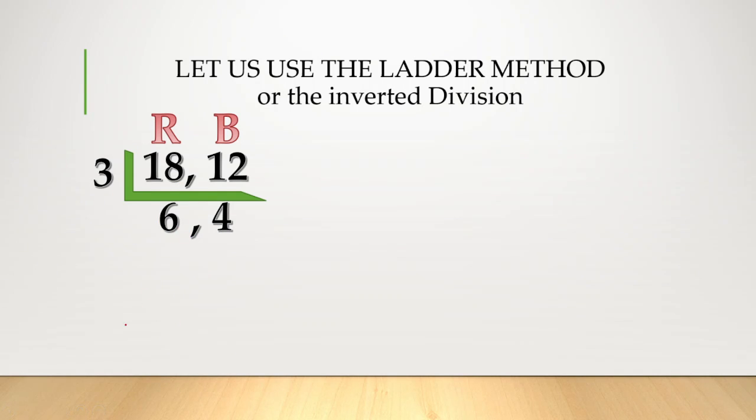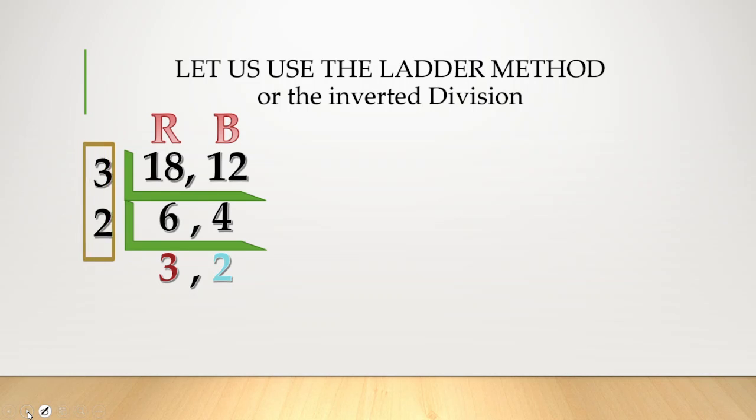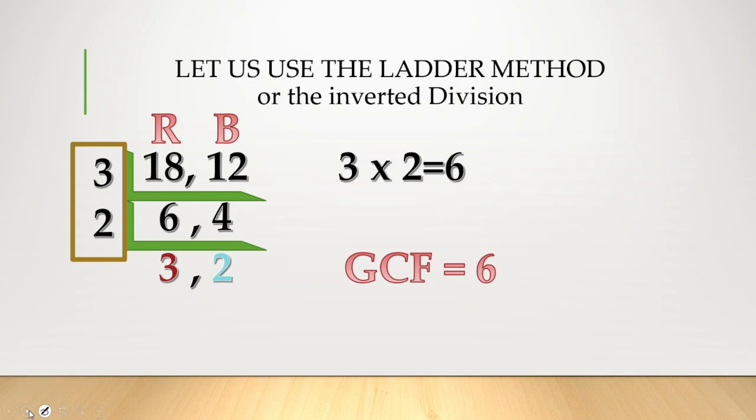And this could still be divided, 6 and 4, since they are both even, they could still be both divided by 2. So we are left with 3 and 2 as the quotient. So our greatest common factor is 6, meaning tig-anim. So GCF is 6. So tig-anim.